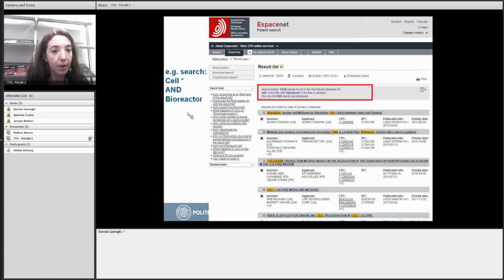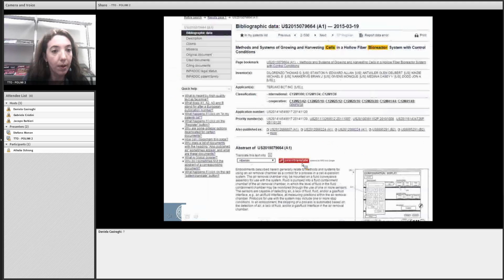So let's try to use Espacenet to search patents containing the keywords cell and bioreactor. If I type these keywords, I find more than 1,000 patents, and I can read the titles of the patents, with my keywords highlighted.